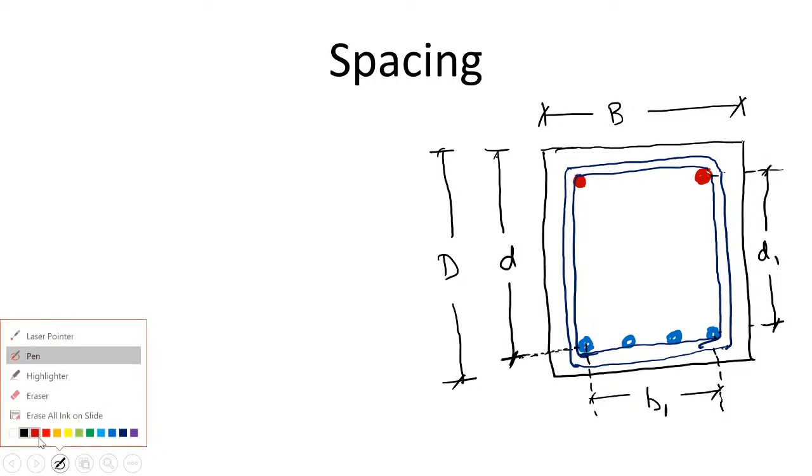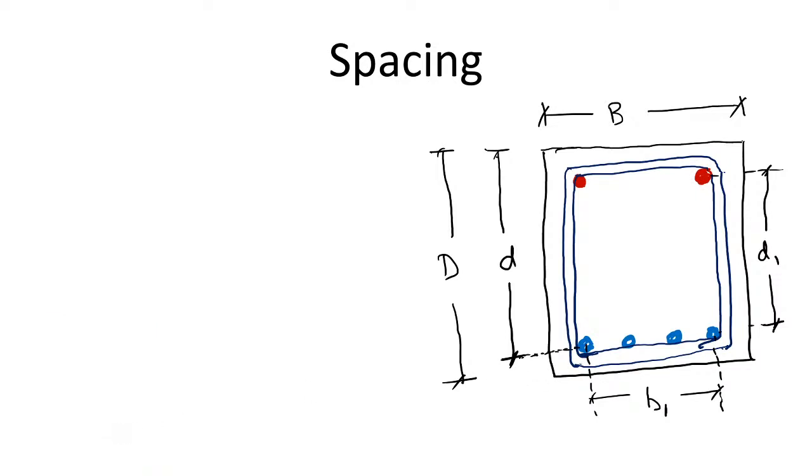And apart from this, if you calculate the distance from the center of this vertical stirrup to the center of this vertical stirrup, this distance is known as x1.